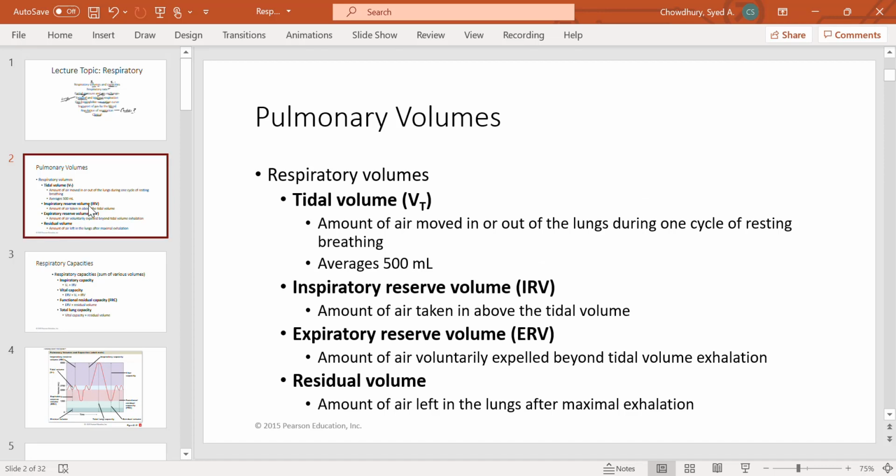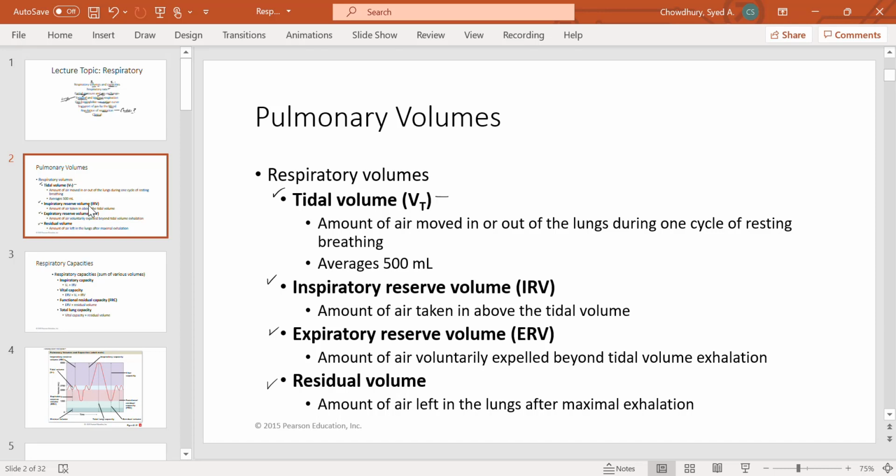The respiratory volumes are tidal volume, inspiratory reserve volume, expiratory reserve volume, and residual volume. So tidal volume is very simple: how much air you inhale or exhale during quiet resting condition.